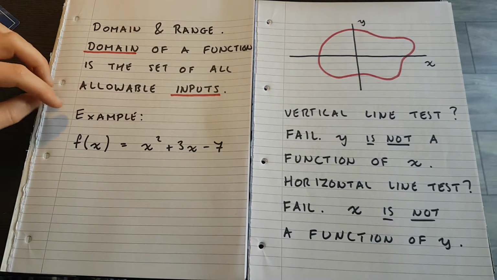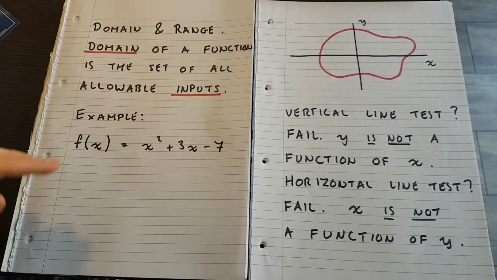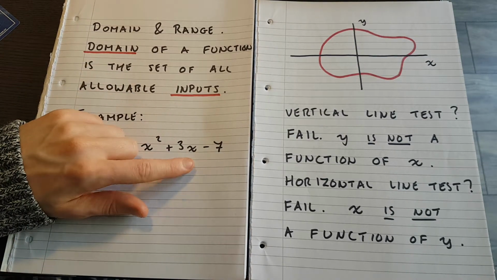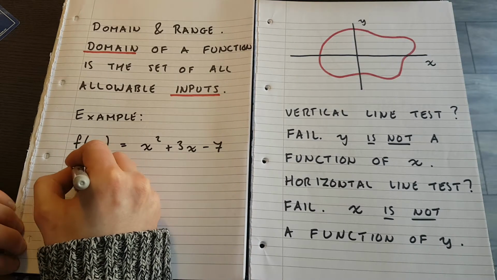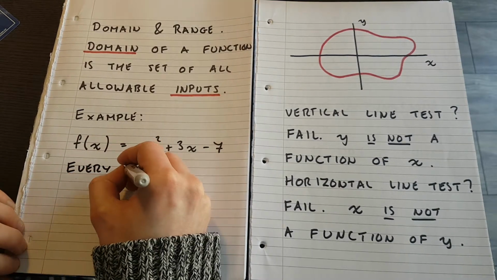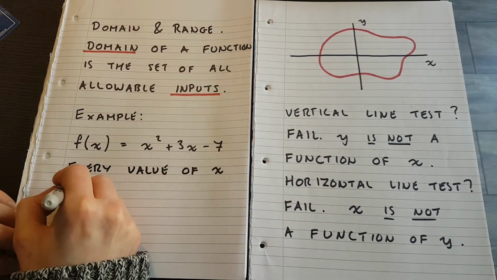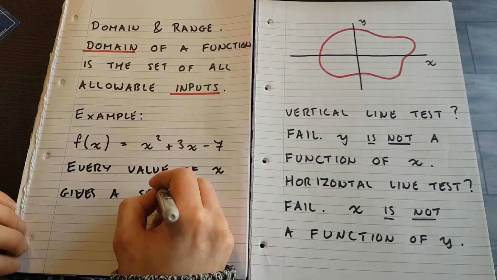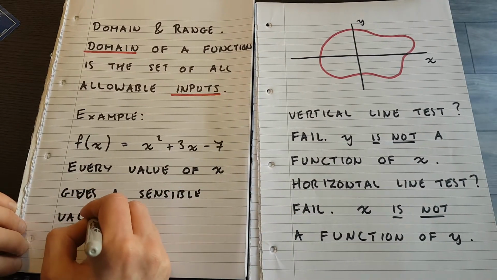For any x value I choose here, I'll be able to put it into this function. I can always square a number, that will never go wrong. I can always multiply a number by 3, and I can always subtract 7, so nothing will ever go wrong here. Every value of x gives a sensible value for f of x.